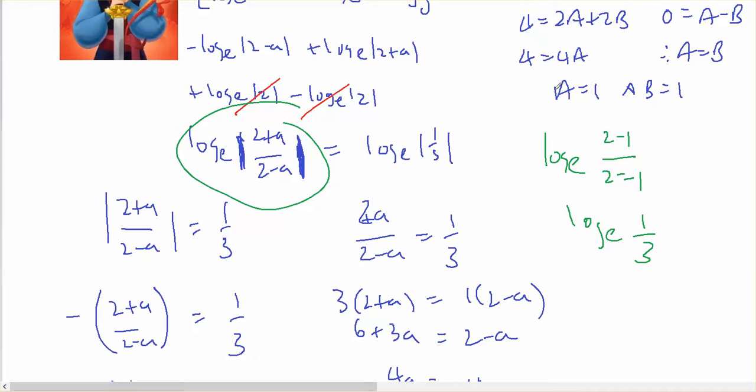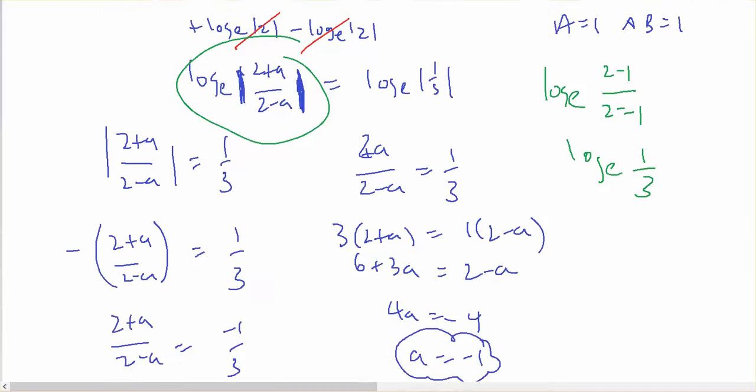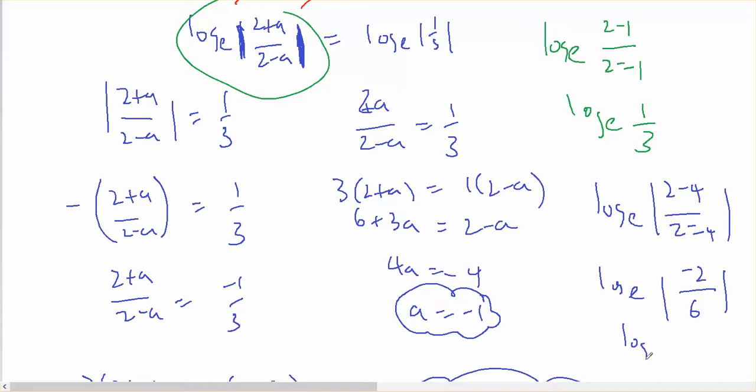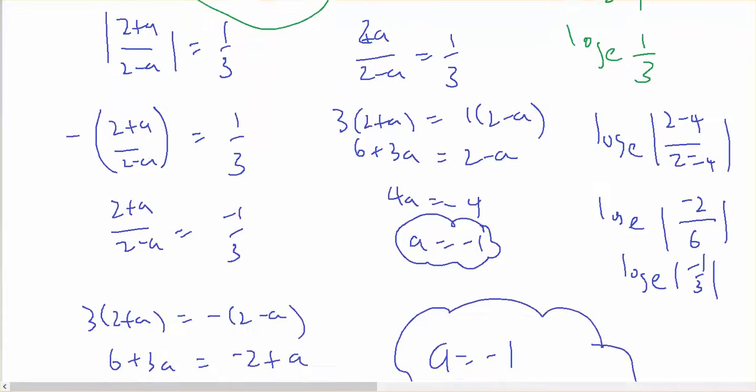And when a equals negative 4, it's log base e of 2 minus 4 over 2 minus 4, which is log base e of negative 2 over 6, which is log base e of negative 1/3, which is the same as log base e of 1/3.